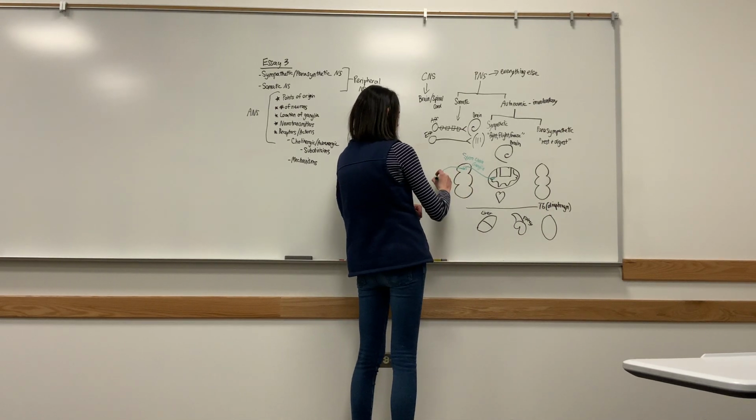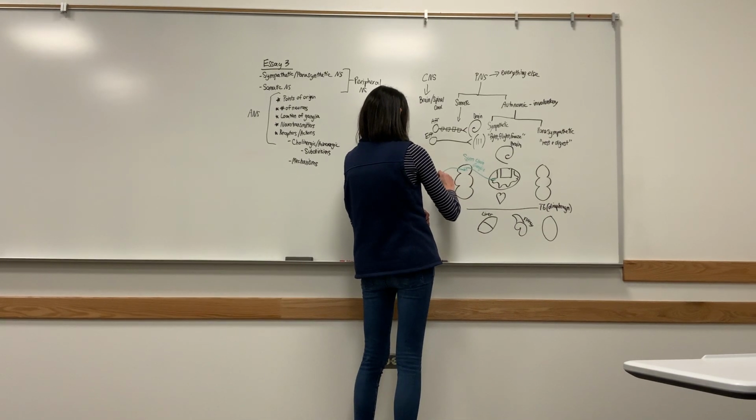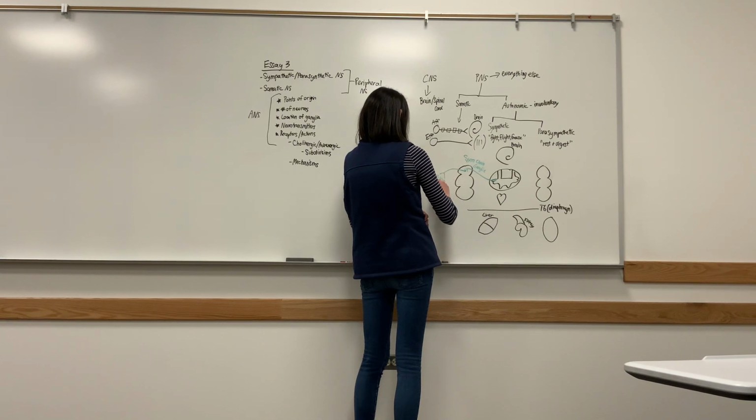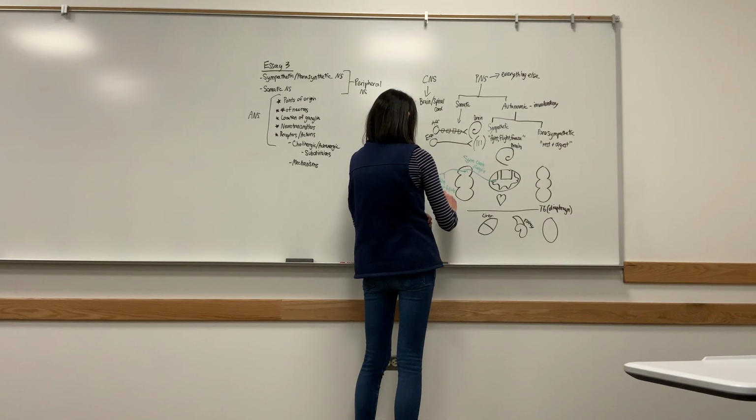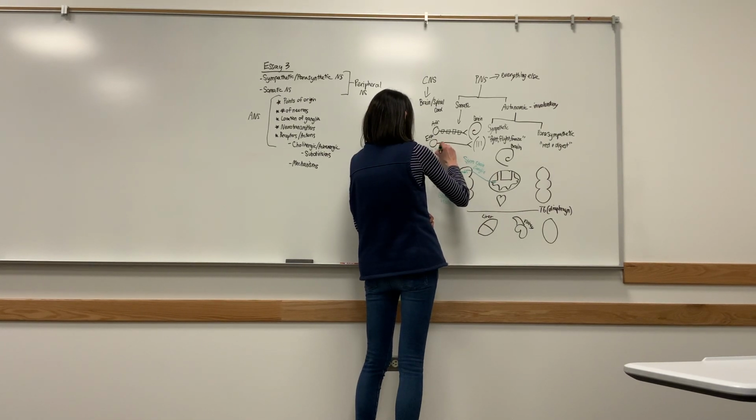And this neuron is going to travel to skin, hair follicles, and blood vessels. And this pathway is going to consist of spinal nerves.